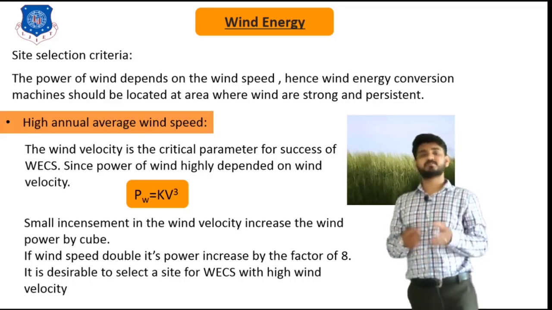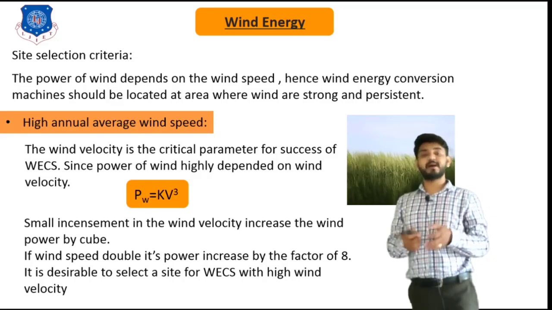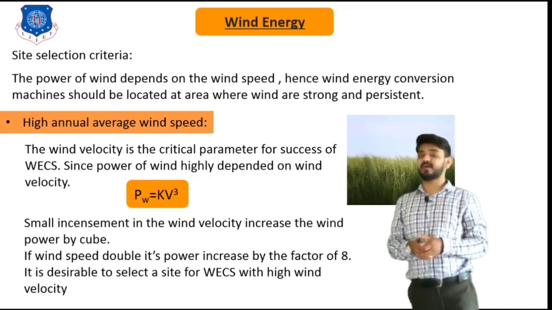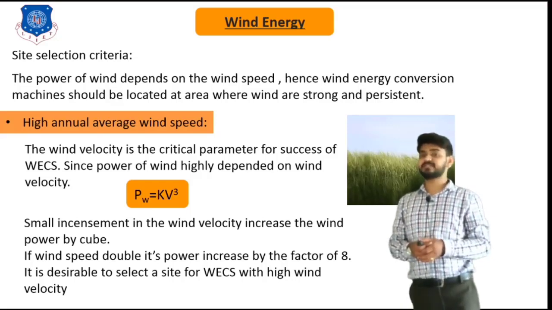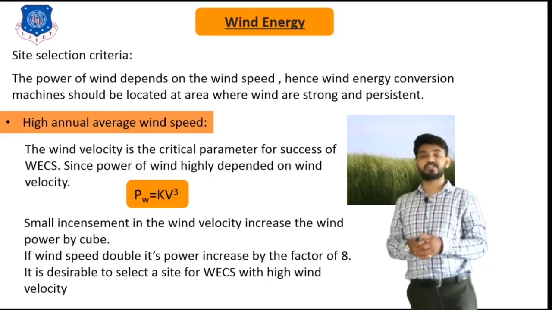That is, a small increment in wind velocity increases the wind power by its cube. If wind speed is doubled, then wind power increases by a factor of 8. Hence, it is desirable to select a site for a wind energy conversion system with higher wind speed.